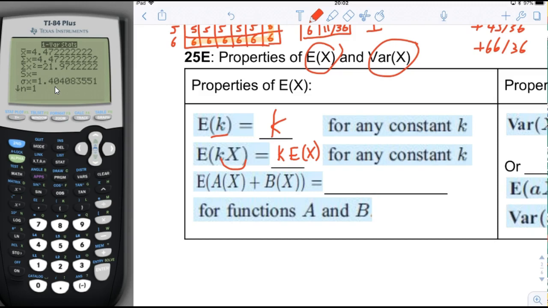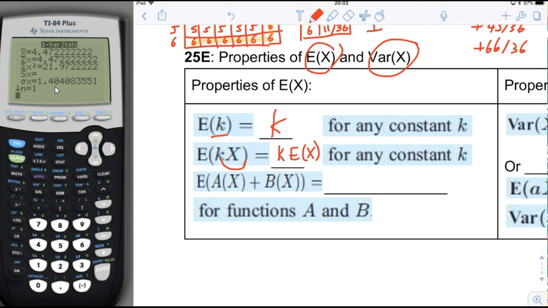Okay? So for example, if I have a die, and I was always tripling its value. So instead of being 1 through 6, it always comes out to be 3 through 18. The expected value for a die is 3.5, right? The value that's exactly in the middle of 1, 2, 3, 4, 5, 6. So the expected value for tripling that should be 3.5 times 3. Okay.